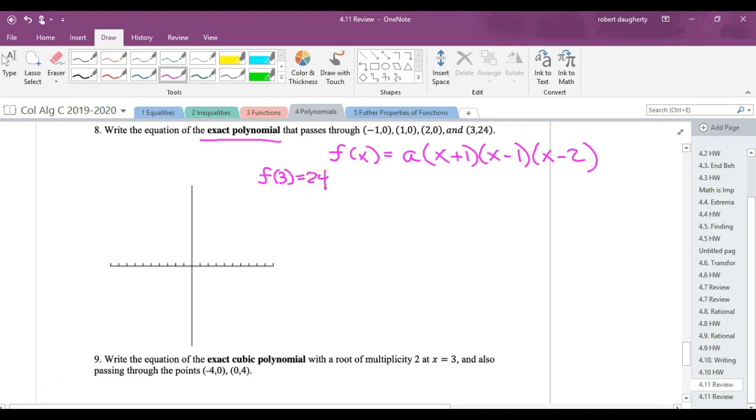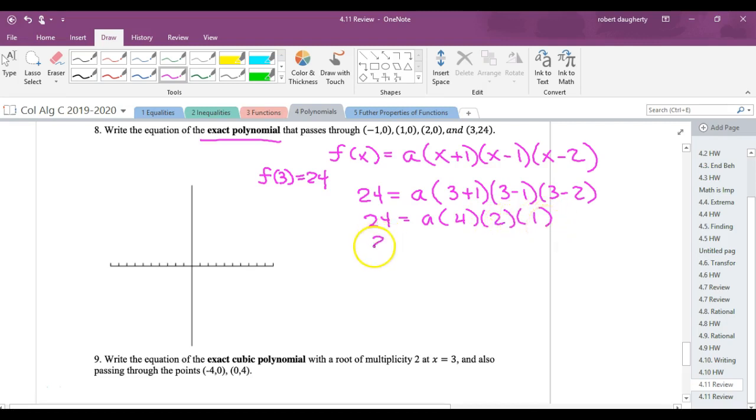So this tells me if you plug in a 3 for an x, you had better get 24 for your answer. So it tells me that 24 has to equal my leading coefficient, and then if I plug in a 3 for x, 24 is equal to a times 4 times 2 times 1. 24 is equal to a times 8.